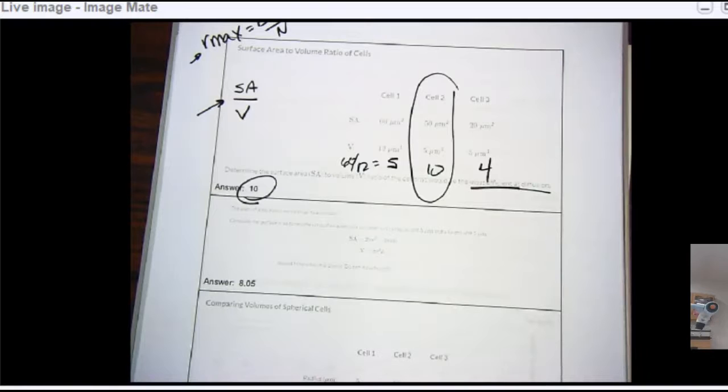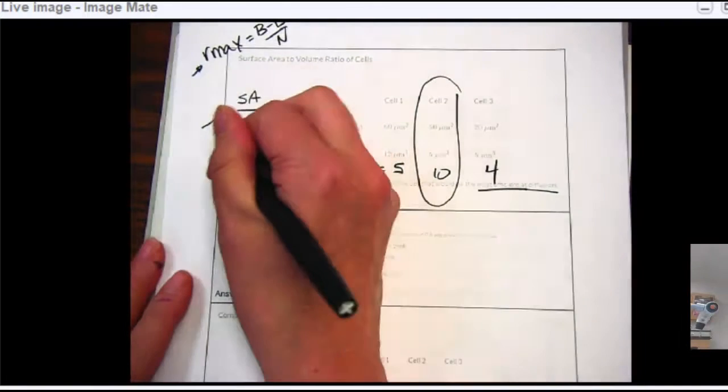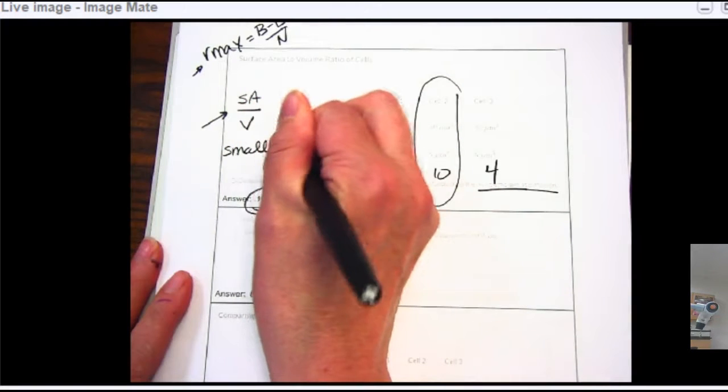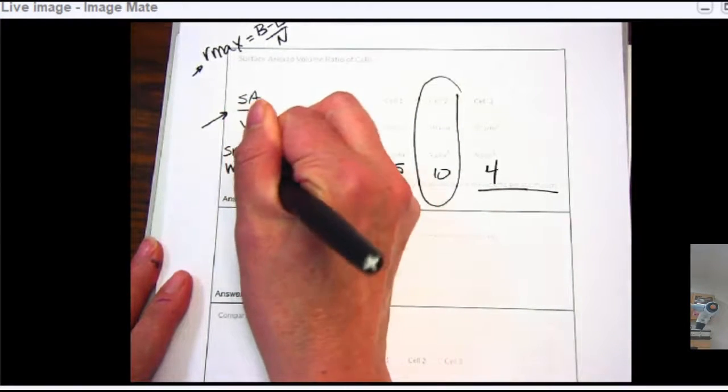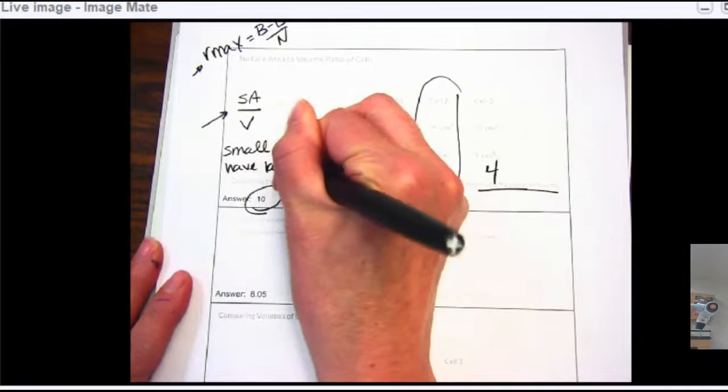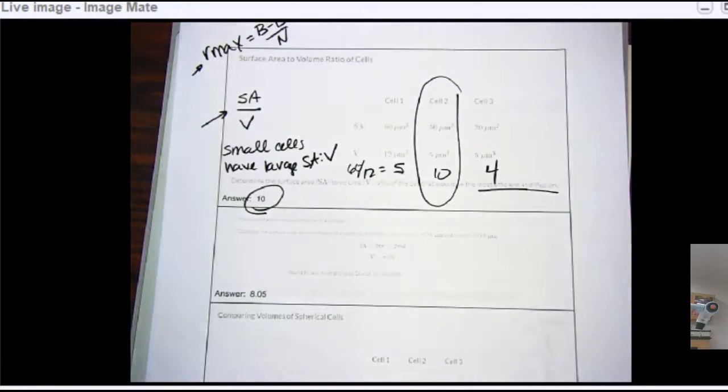Small cells are more efficient because they have a higher surface area to volume ratio. So that's a good thing. Small cells have large surface area to volume ratios. Smaller cells are always going to be more efficient than a larger cell.